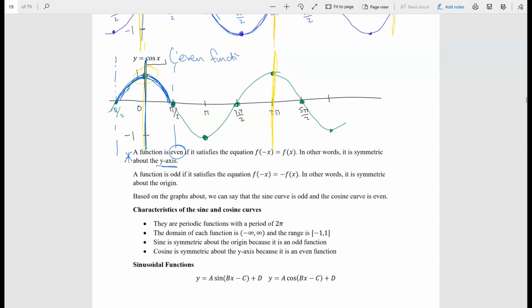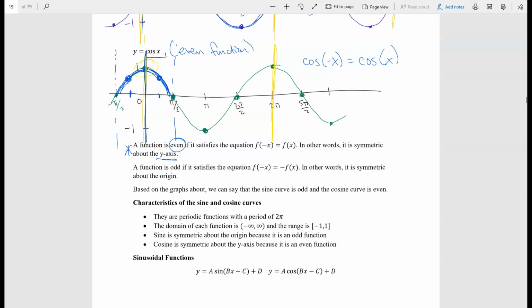So later on we'll see that plugging a negative value into the cosine is the same as plugging in a positive value. If I plug in a positive value, plugging in the exact mirror image negative value still gives me the same y value. That's what it means to be even.